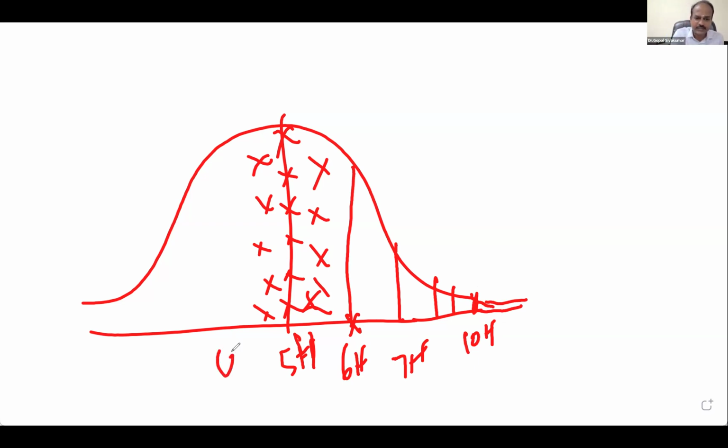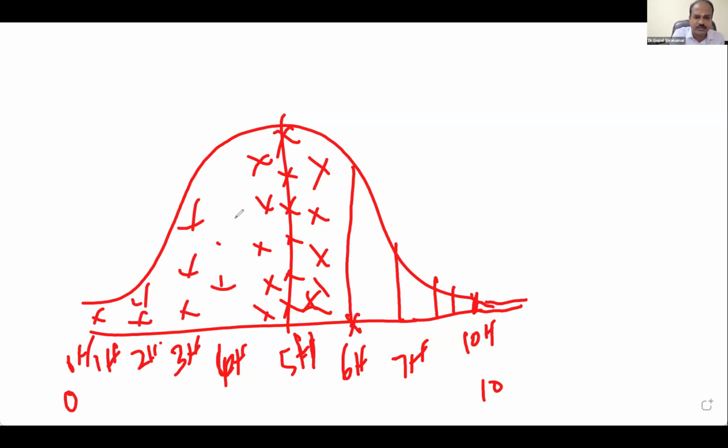Similarly, this side, this will be 4 heads or 3 heads, 2 heads, 1 head, and then no head. So the possible values are 0 to 10. And now, are you able to visualize a kind of bell curve getting formed?